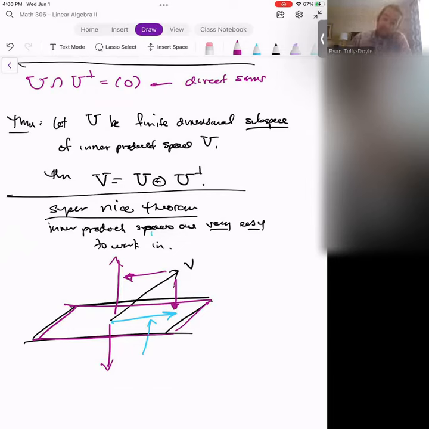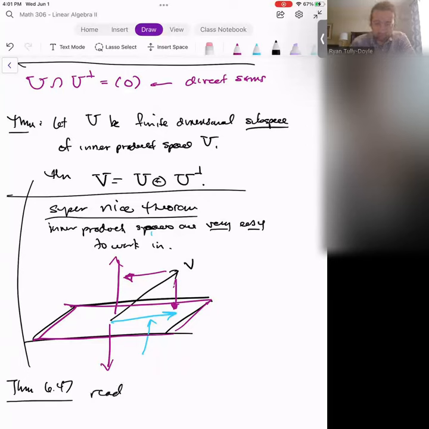So exercise left to the reader again, but this one I actually want you to read. This in the book is theorem 6.47. I would encourage you to read this proof. It's not a hard proof, but as Axler gets deeper into the book, he starts leaving more steps out and trusting you guys more.